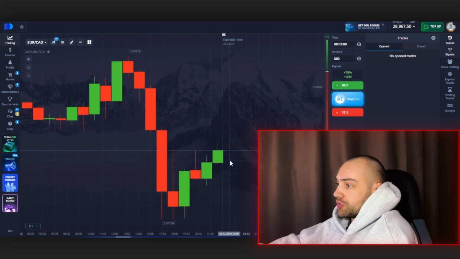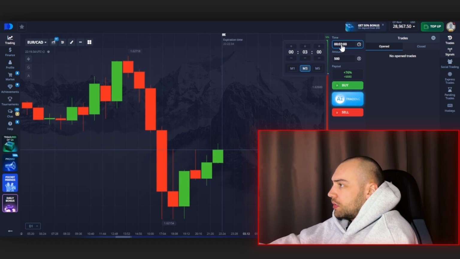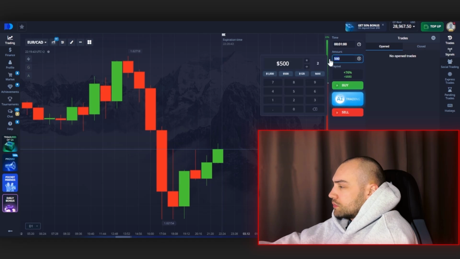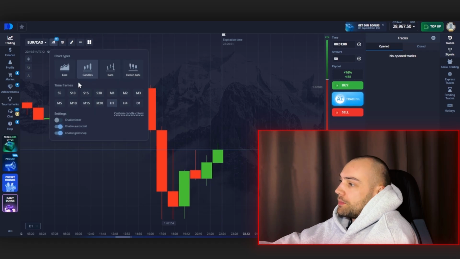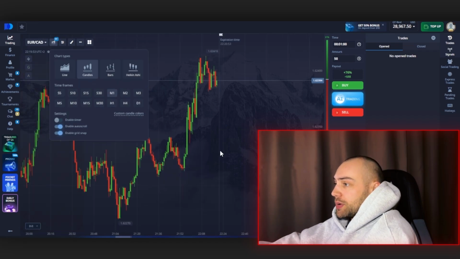Now there's an upward trend. Let's choose the 1 minute time frame, and open a buy.